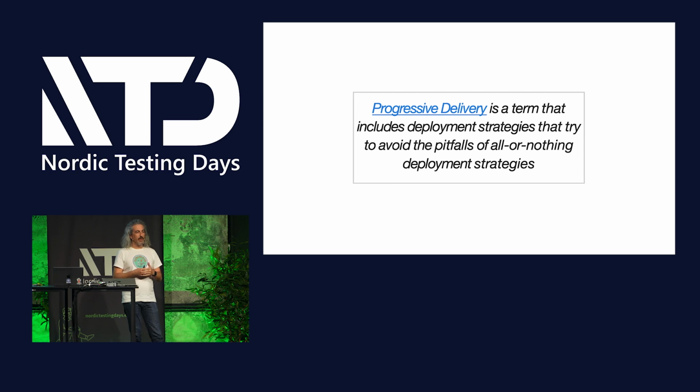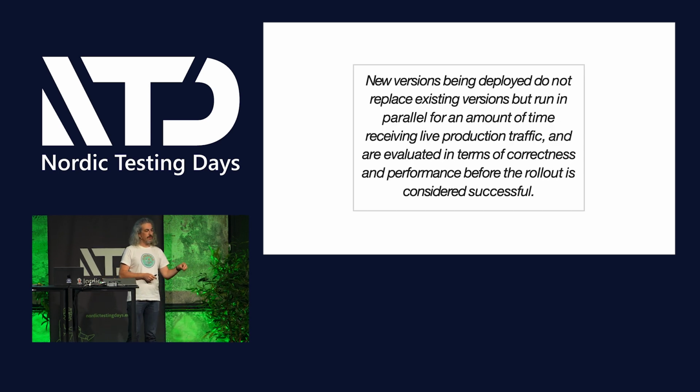So you deploy something. You don't want to update everybody. At the same time, you want to progressively figure out, is this okay, is this not okay? Because if you break something, you break everybody. So you try to do something more progressively. That's the beauty of the term. So you do not replace existing versions, but you run them maybe in parallel for an amount of time.